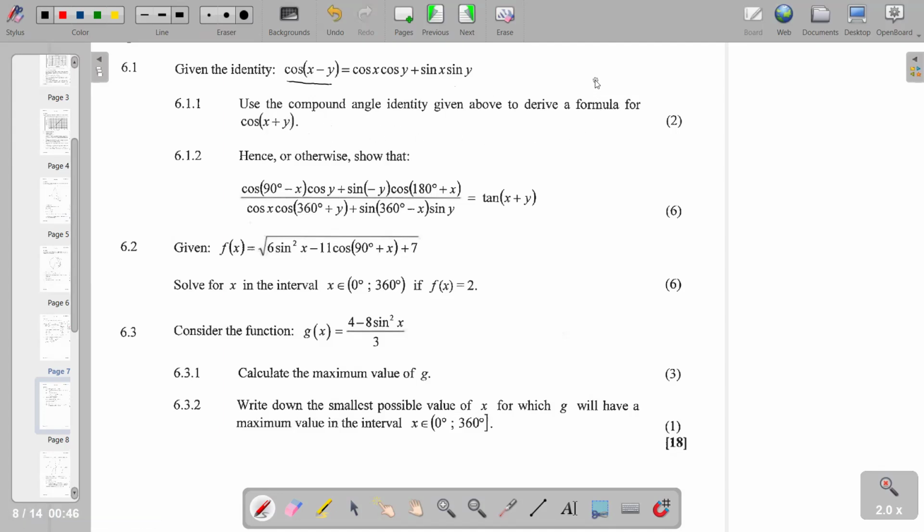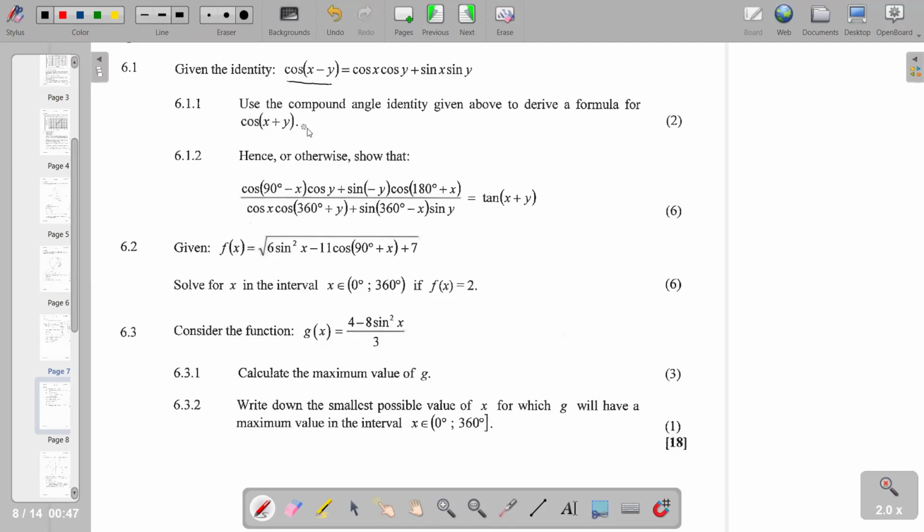So in that particular case, it means we are going to derive the formula. They want you to derive cos(x plus y). So it simply means we are going to use what they have there.